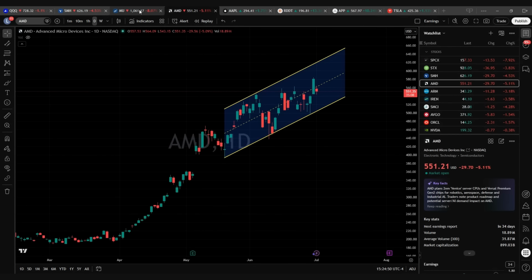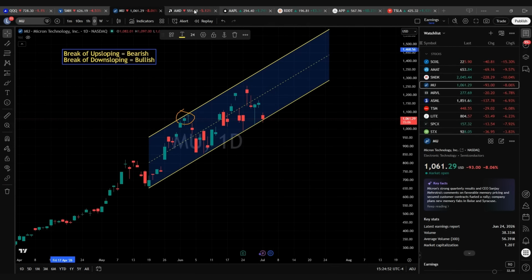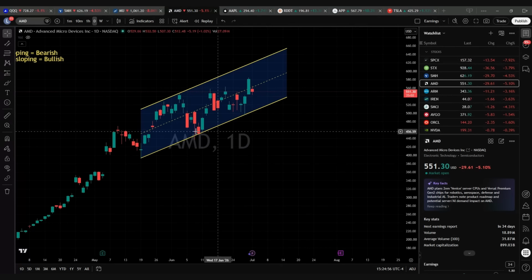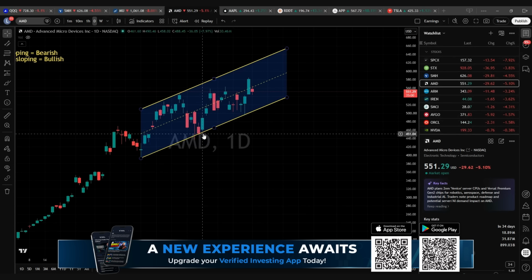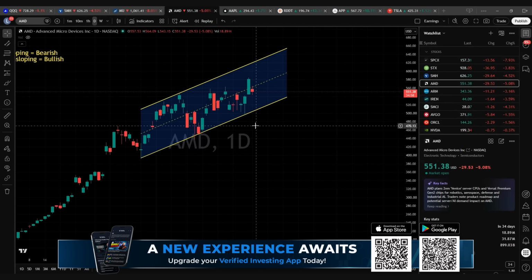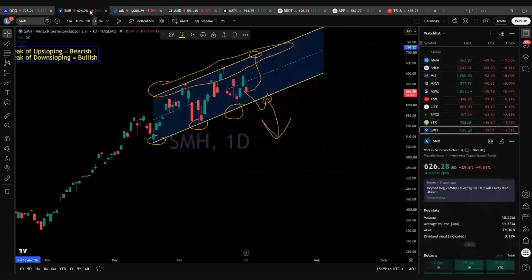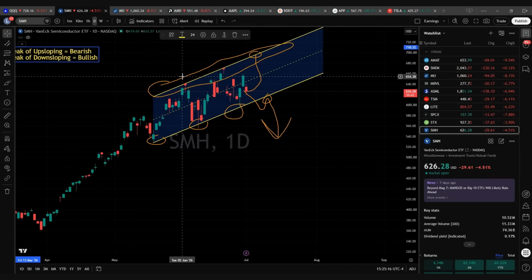Same thing here with AMD, as I'm going to copy this and bring it over. We're looking for something similar. We're looking for a breakdown. You can see it was support here, support here, and support here. But I want you to stop and take a second and tell me why this parallel channel isn't perfect. For reference, I can go back to this Micron and this SMH.